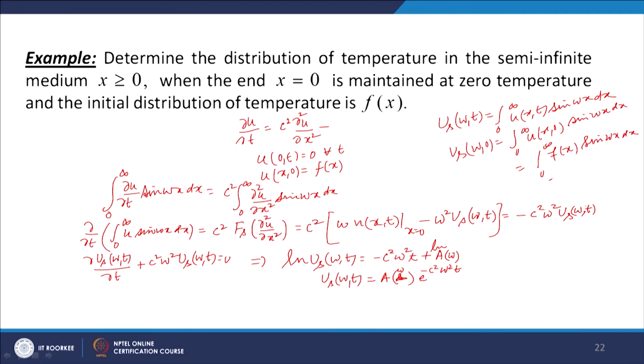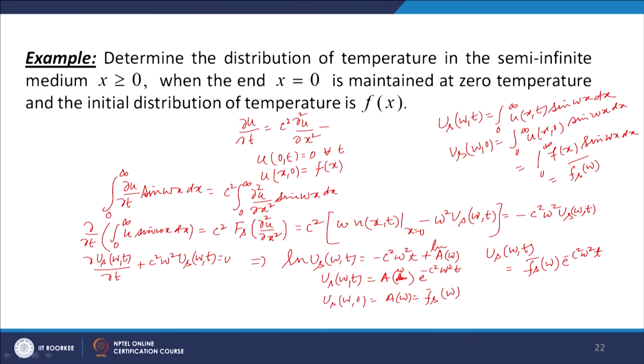This is the Fourier sine transform of f(x), so I can write it as f_s bar(omega). So, putting t equal to 0, u_s(omega,0) equal to a(omega), which is f_s bar(omega), the Fourier sine transform of f(x). Thus u_s(omega,t) becomes f_s bar(omega) into e to the power minus c square omega square t.